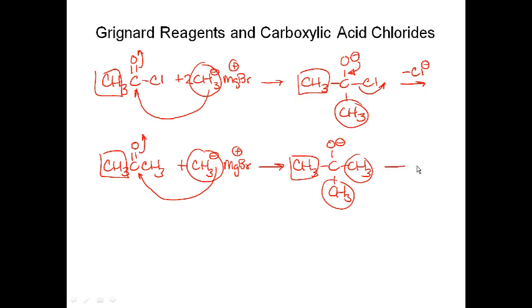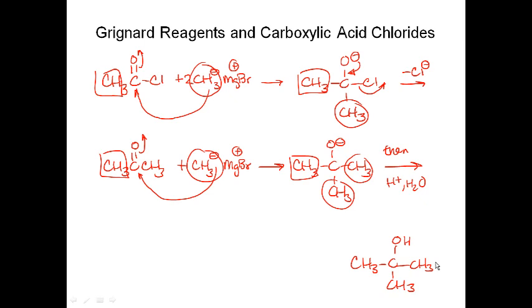And so now I wait until somebody dumps in some acid, and then I form my final product, which is the tertiary alcohol.